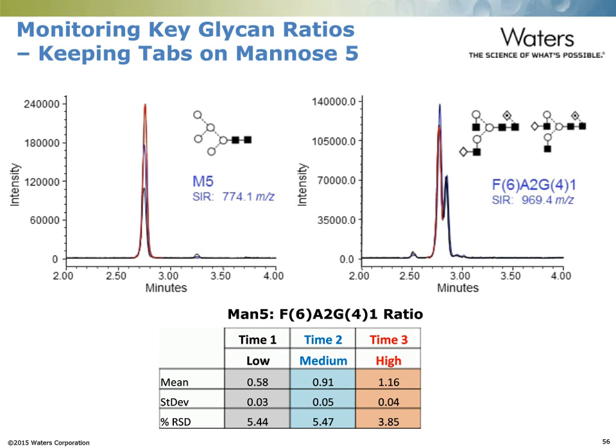What's notable about this is that both these structures are almost perfectly co-eluting within the separation, meaning without the use of something orthogonal like a mass detector, we would not be able to make this assessment in this time frame. Not only do we see this, but we've seen a number of customers respond very well to this as a potential application, particularly within process development.